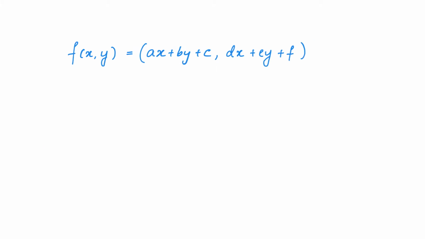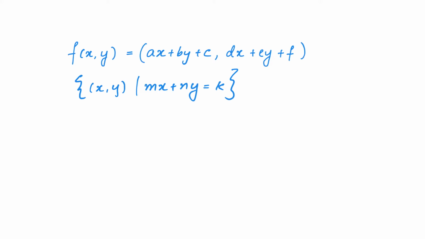Now the next question is, does such a function necessarily take lines to lines or points? Notice that an arbitrary line has the form: the set of all (x,y) such that mx + ny = k, where m, n and k are real numbers and at least one of m and n is non-zero. Now what do we want to see?